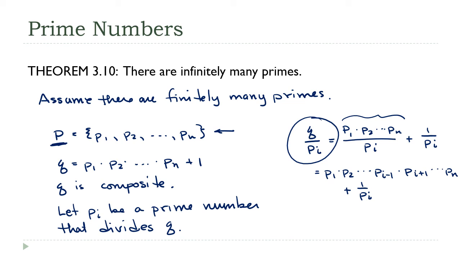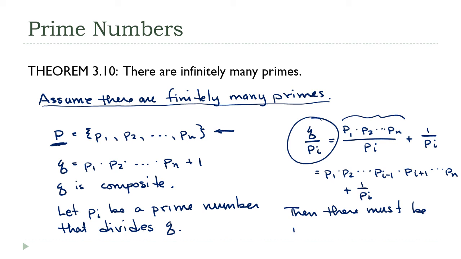How do we resolve this contradiction, right? Well, the way we resolve is that my initial assumption must have been false. My initial assumption was that there were finitely many primes, right? If that is in fact false, then there must be infinitely many primes.